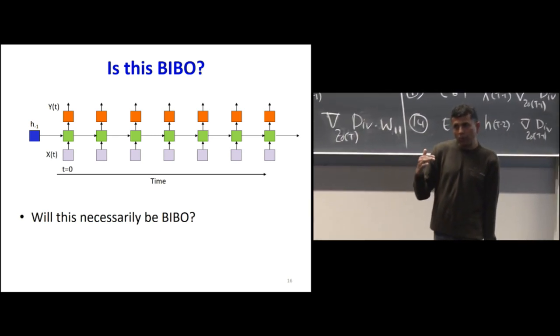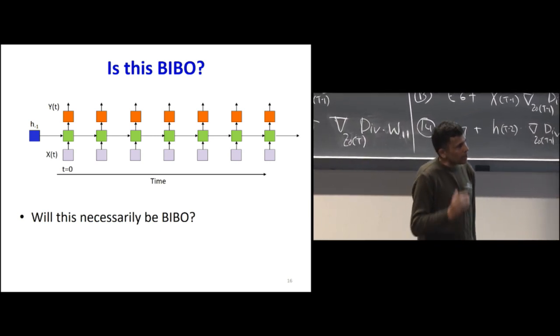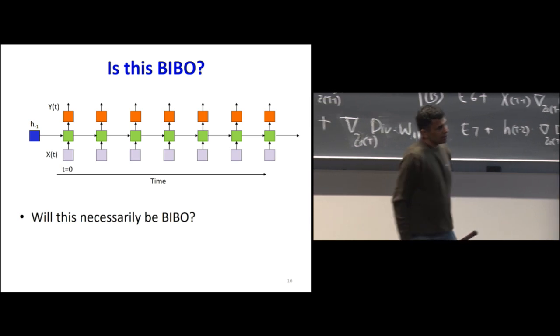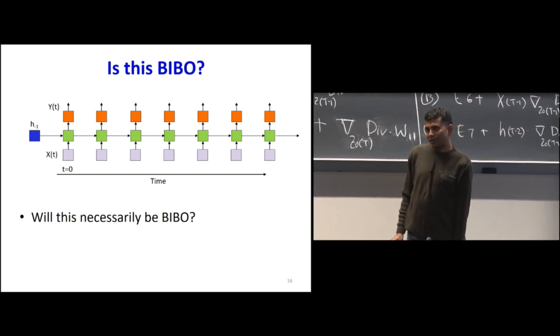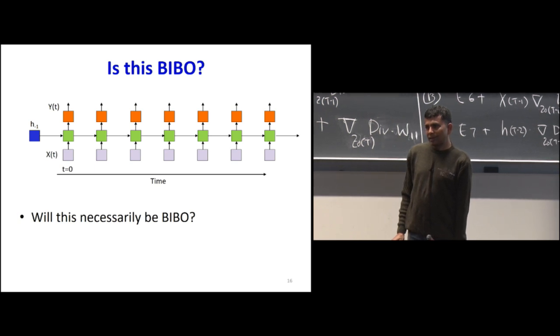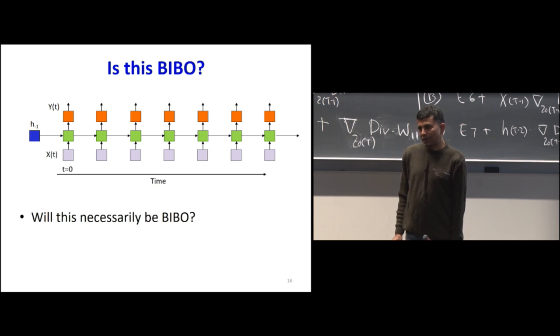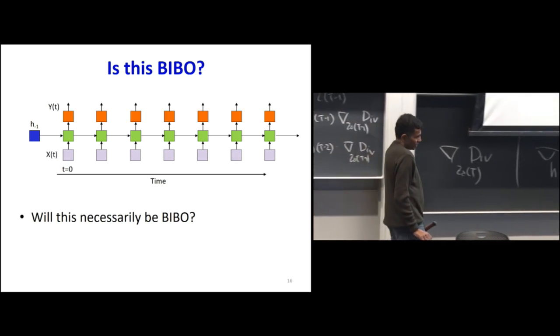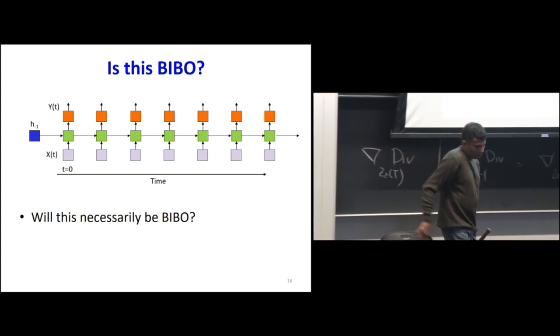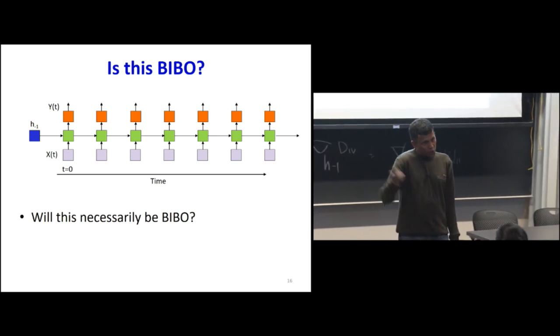Does this have the same property that if the input is always bounded, the output is always going to be bounded? Who said no? Why not? Because your h factor could explode. It could grow across layers, and it's basically like making an output that's aggregating over time, and that way it could actually explode.